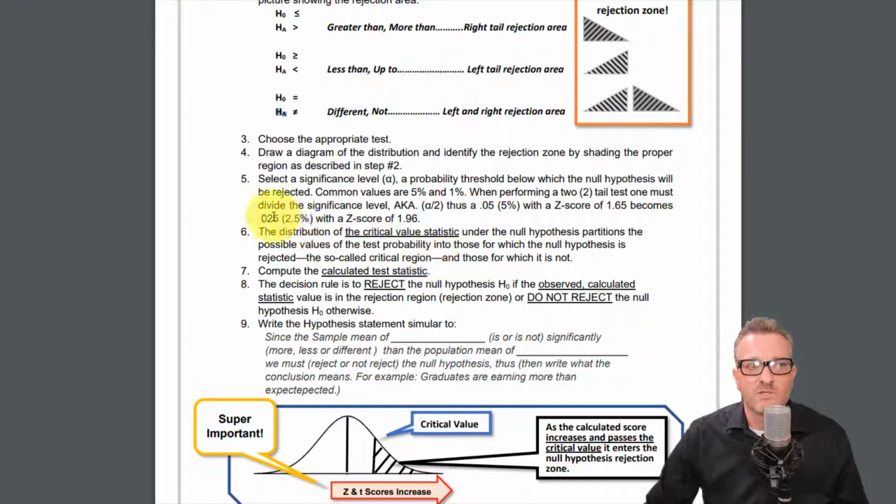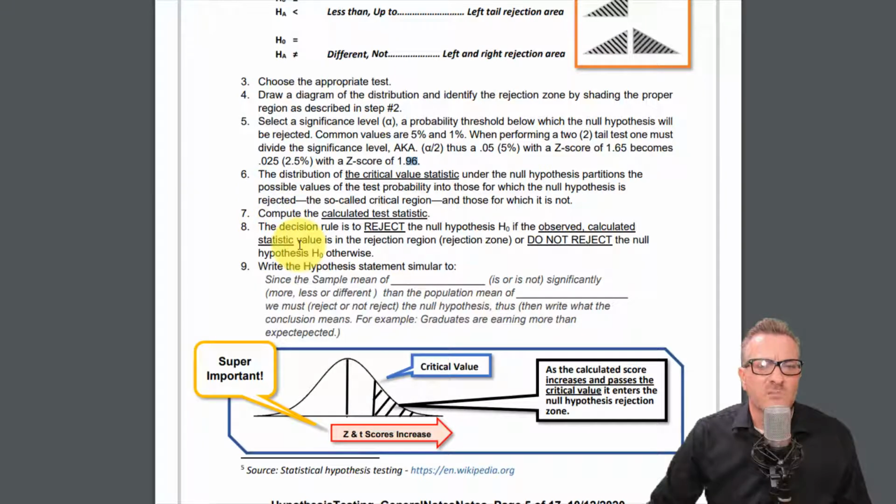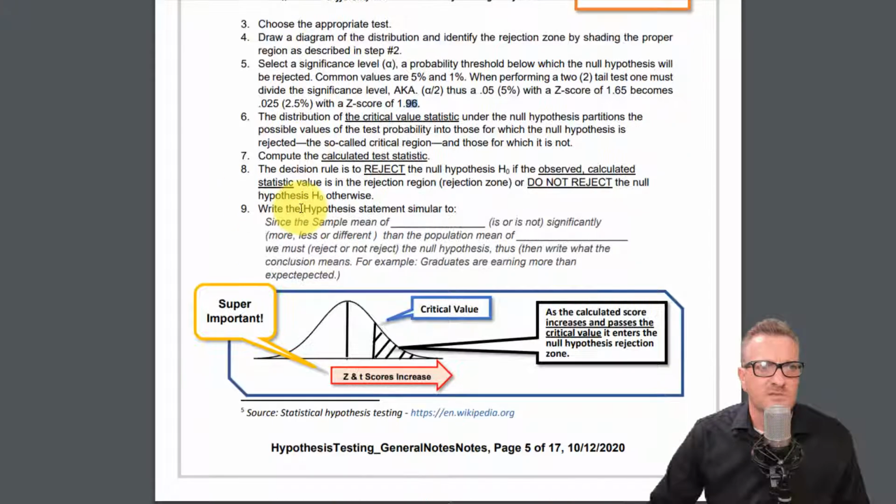And so when we do that, the z-score changes. If the z-score before was 1.65, the z-score becomes 1.96 in each tail. We'll go into this more, probably more in some of my other videos. I have other videos on this, so I really recommend you take a look at that.